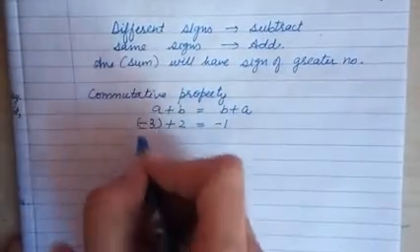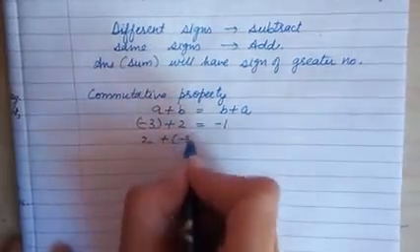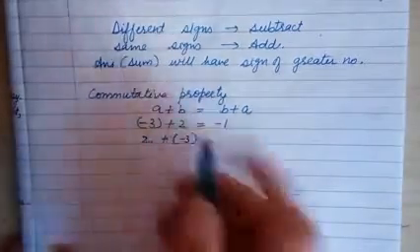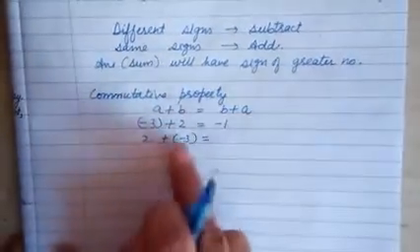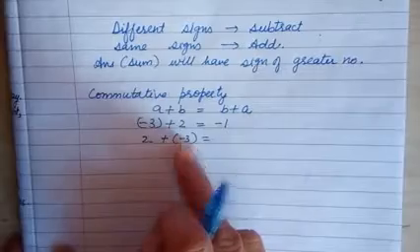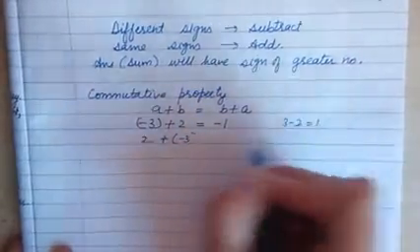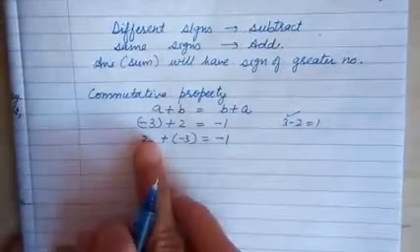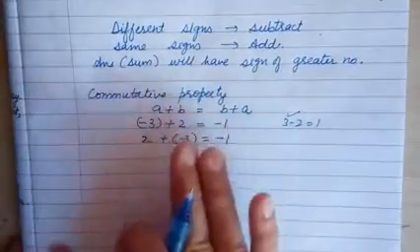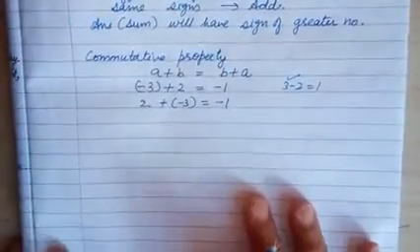And here now if I am taking 2 plus minus 3, I have changed the order, their places I have changed. Now let us see what will happen. Here different signs, ignore the signs, 3 and 2, subtract the smaller, 3 minus 2 is 1 and answer will have sign of greater number, that is minus 1. So here in commutative property we can change the order of the integers.